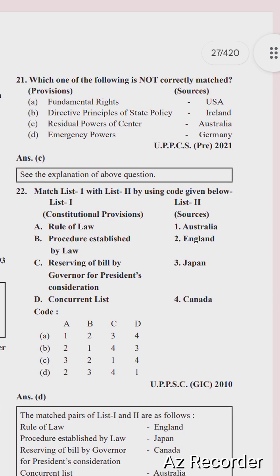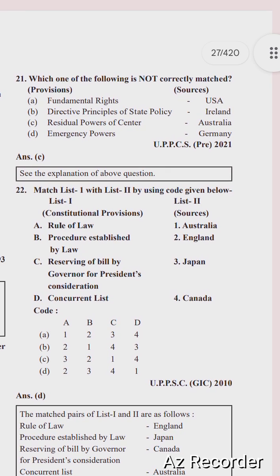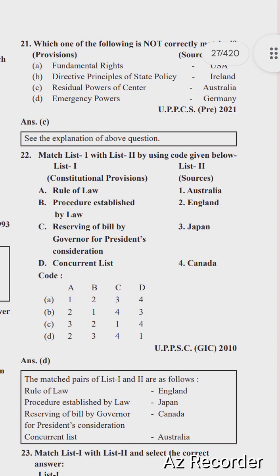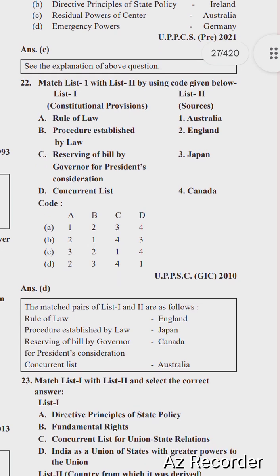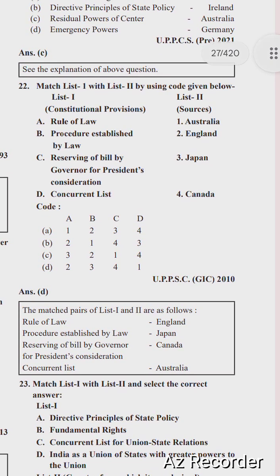So three are right and C is wrong. C is the right answer because the question asked for the one not correctly matched.